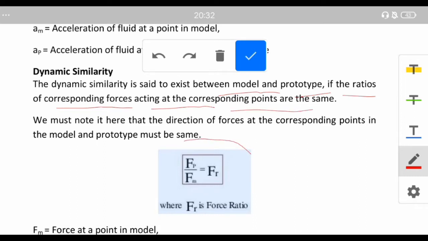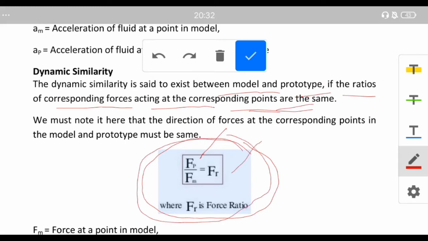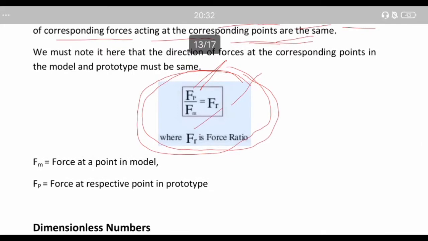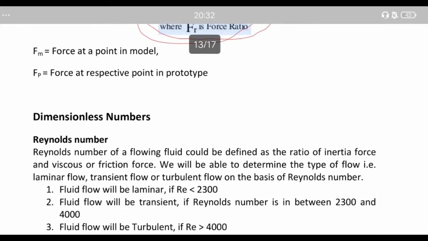You know that work done or energy is related through force, so dynamic similarity also includes the energy being considered at a particular point of both model and prototype. Here Fr is the force ratio, that is Fp upon Fm, where Fp is the force at the prototype and Fm is the force in the model at the same point.